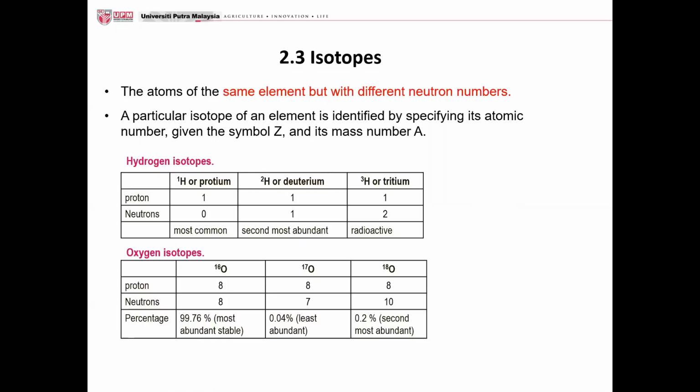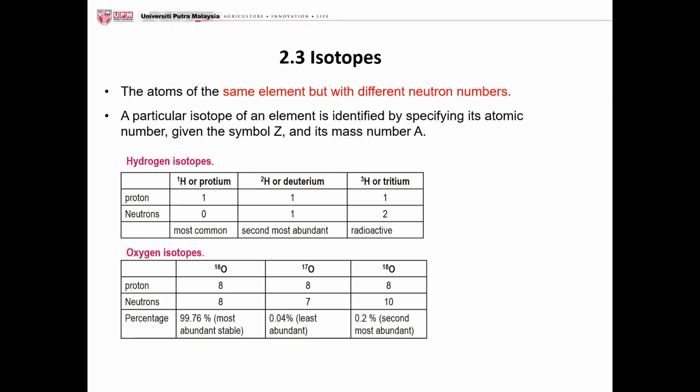A particular isotope of an element is identified by specifying its atomic number, given the symbol Z, and its mass number A. Here we have two examples, hydrogen isotopes and oxygen isotopes. The element is the same and the proton number is also the same, but it is different in neutron number.